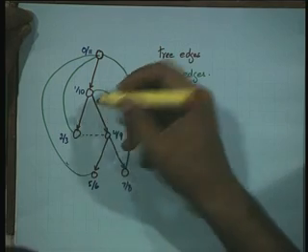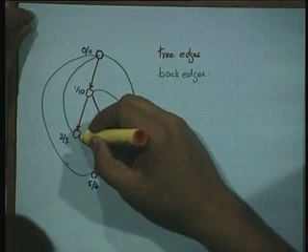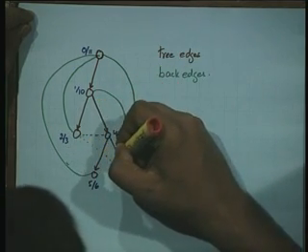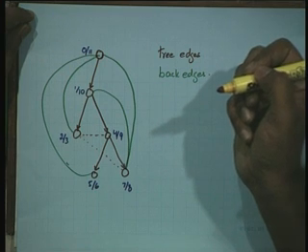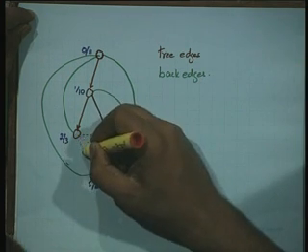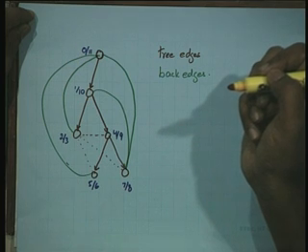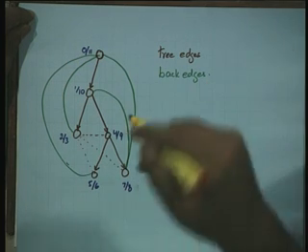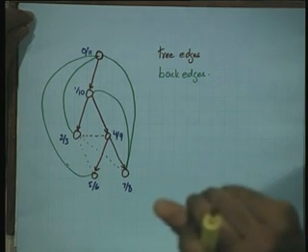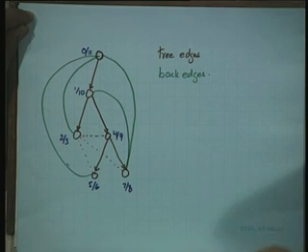So this edge is not there. This edge is not there. Similarly, this edge from here to here is not there, or from here to here is not there. So what are these edges which are not there? What can I say about edges which are there and edges which are not there?